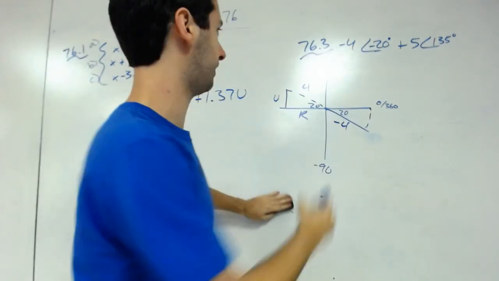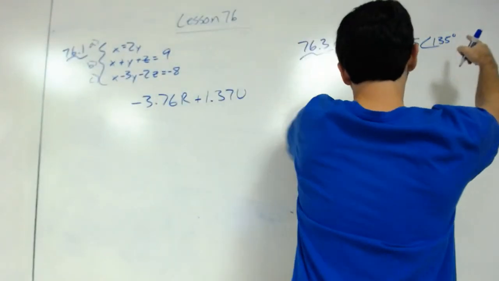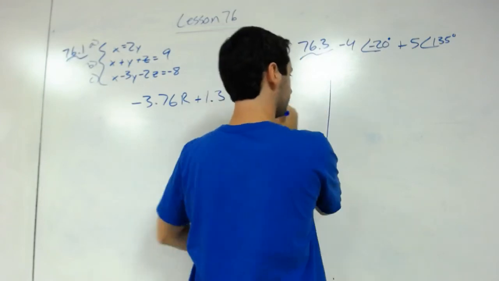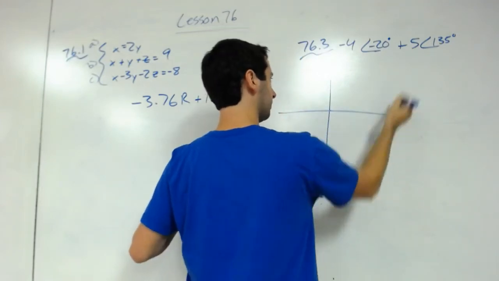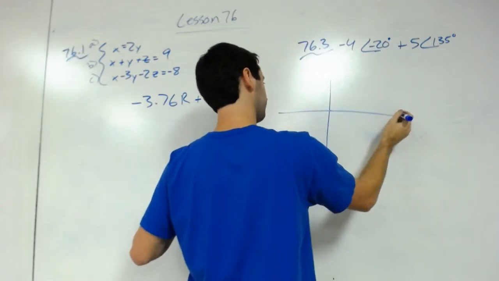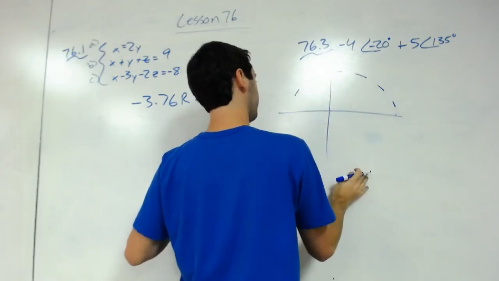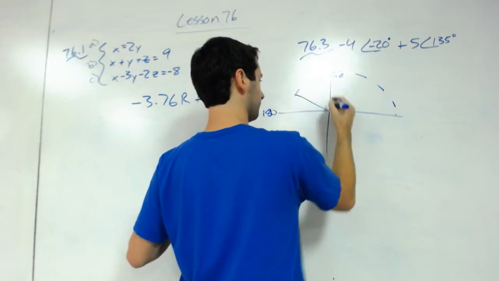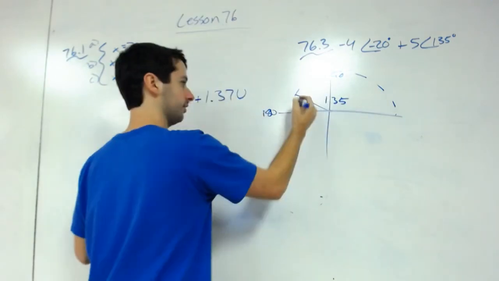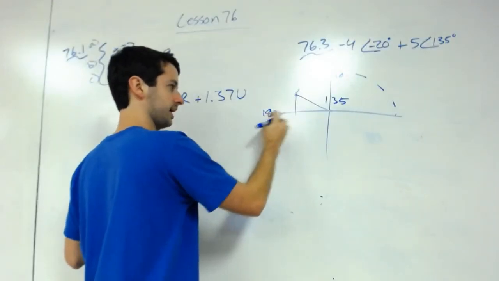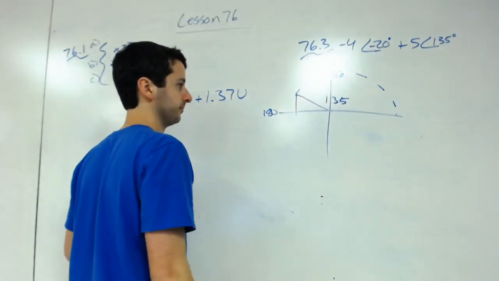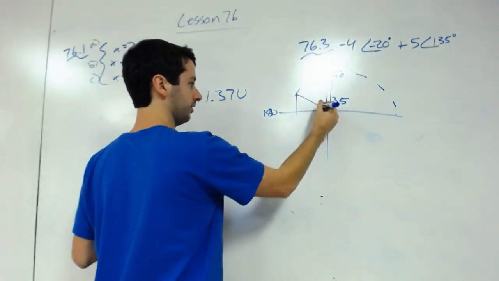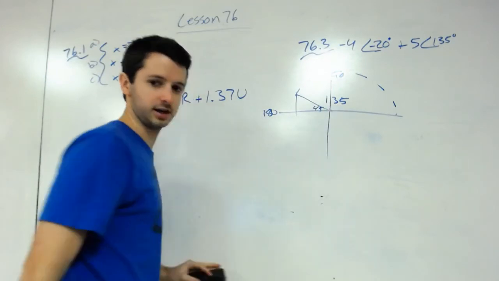Now I just got to find 5 at 135 degrees. Here's our coordinate system. I'll do this one pretty fast. We're going counterclockwise. Here's 135, between 180 and 90. If that's 135, there's our triangle. Subtract and get the absolute value: 180 minus 135, that's 45 degrees there.